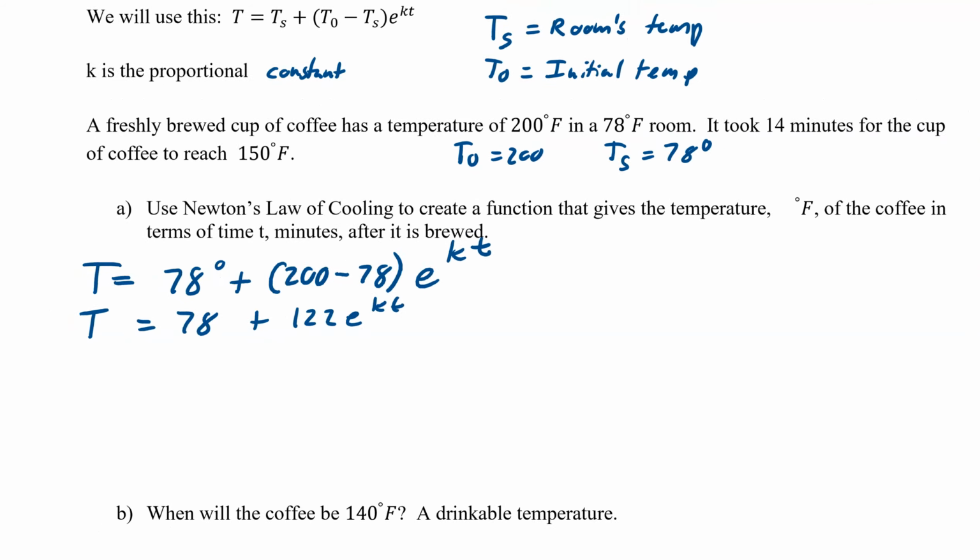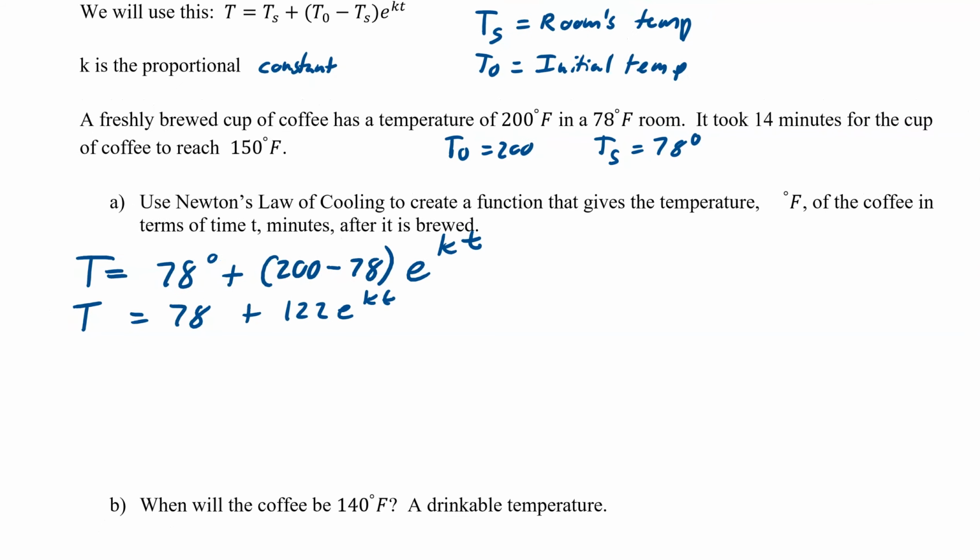So now we can take what we already know. So if 14 minutes go by, our temperature is going to be 150. So we can plug that in. T of 14 equals 150. So 150 equals 78 plus 122 e to the k times 14.